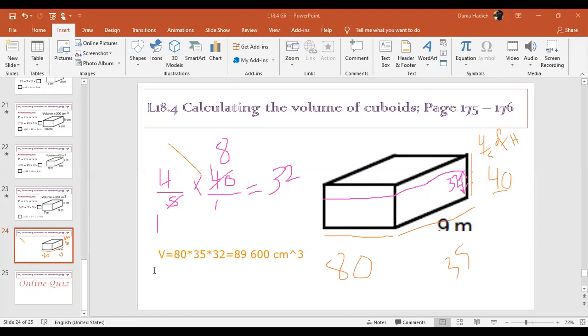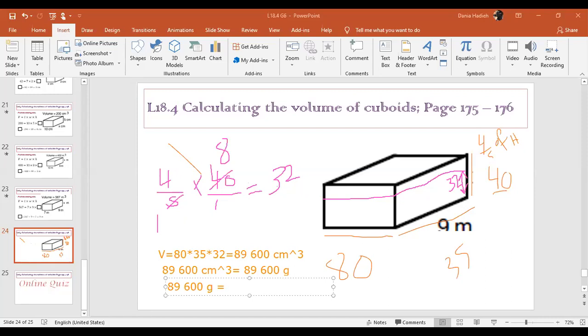So the 89,600 centimeter cubed, isn't that equal to 89,600 gram? And if this one 89,600 gram, wouldn't that mean that 89,600 gram is equivalent to how many kilogram?